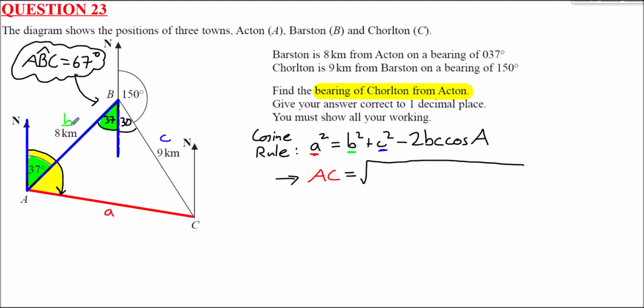So B is 8, so that's going to be 8 squared plus C squared, so plus 9 squared, minus 2 multiplied by B, which of course is 8, multiplied by C, which is 9, times cos A. Now cos of A is just the angle opposite to the side A. Opposite to side A is this angle ABC, and like we mentioned before, the angle ABC is 67.